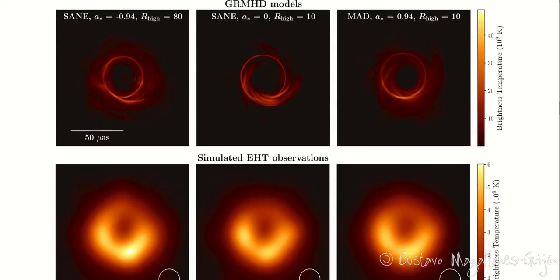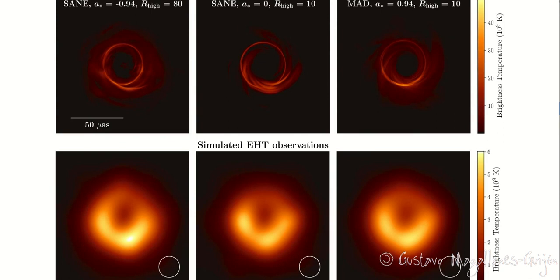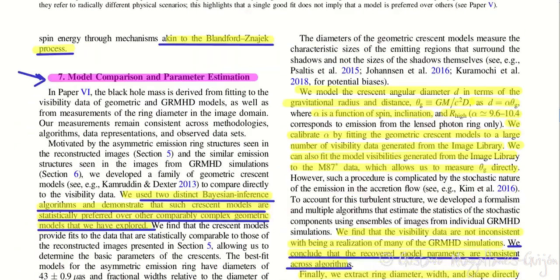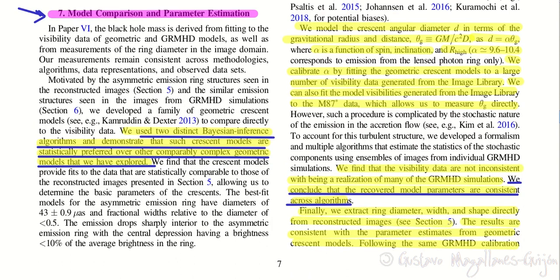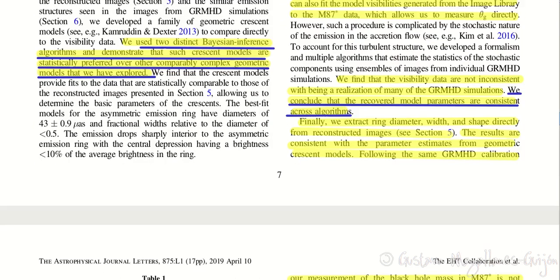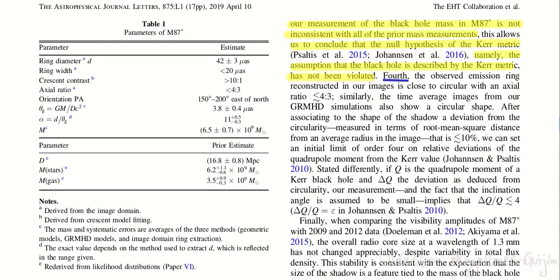This is the image, and the effect of blurring is an effect of being out of focus. This is a parameter for M87.